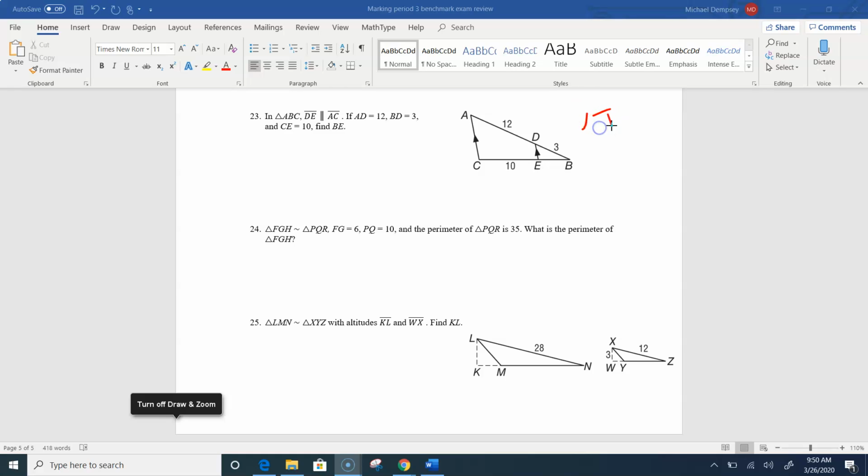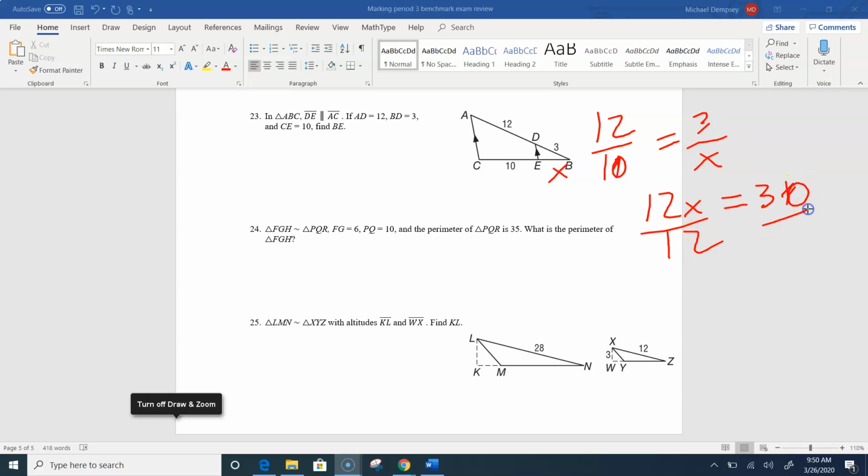I have 12 over 10 equals 3 to x, and that x is EB. So I have 12x equals 30, and then I'm going to divide by 12. So 30 divided by 12, I get x equals 2.5, and that's what BE is. BE would equal 2.5 in that spot.